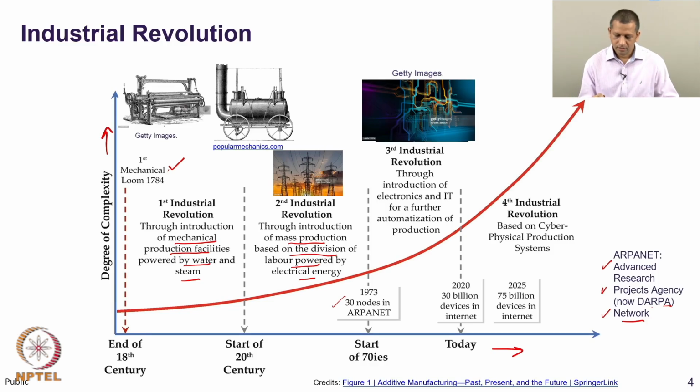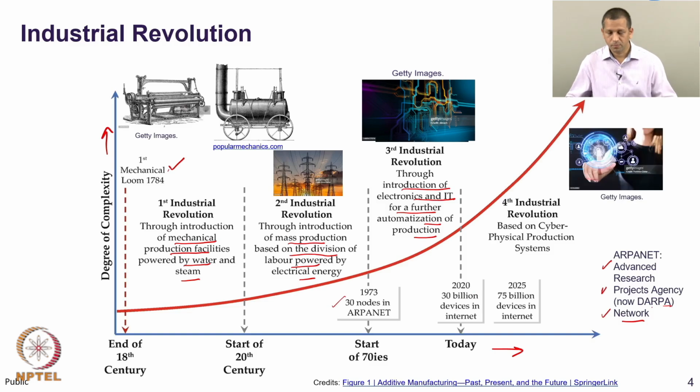That drove the introduction of electronics and IT for further automatization and production, and thus started the third industrial revolution. By 2020, there were 30 billion devices connected to the internet. It is expected that by 2025, there will be 75 billion devices connected to the internet. We are living through the fourth industrial revolution.